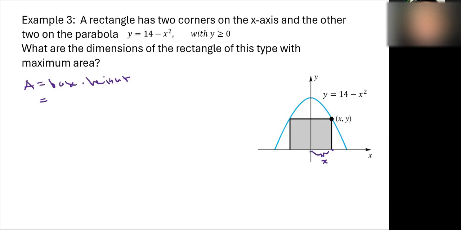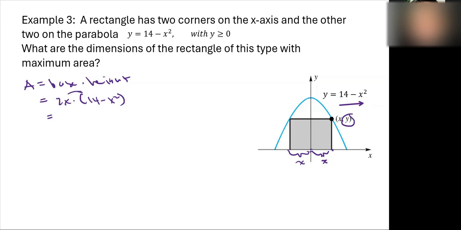So this is just a reflective image, so that means then this here is also going to be x. Okay, so in this case, our base is going to be 2x, and then our height, well, we know our height, right? It's y. And what is y? It's this one right there. So that's going to be 14 minus x squared.